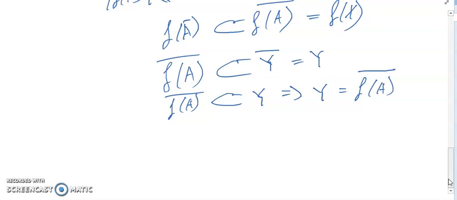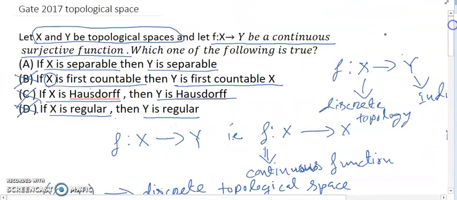Suppose X is separable, then Y is separable, so my option A is correct.